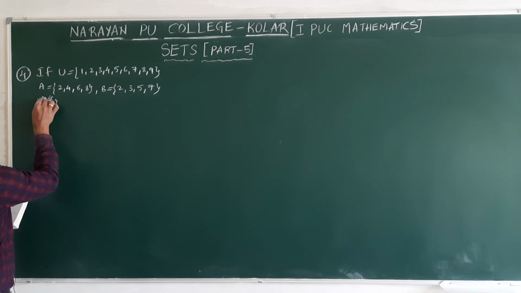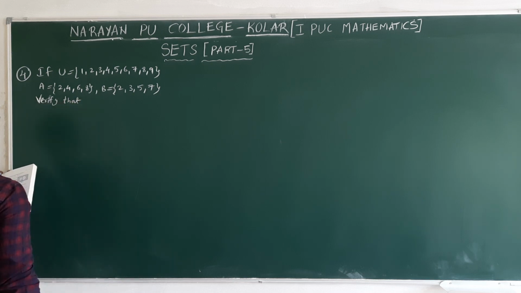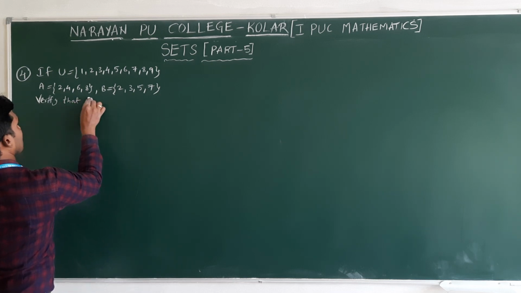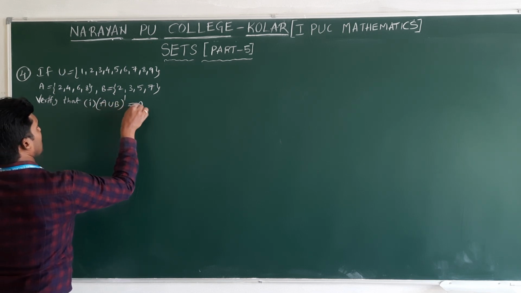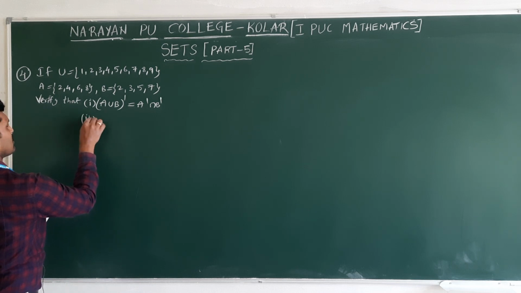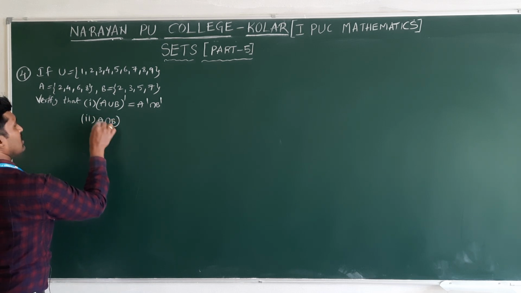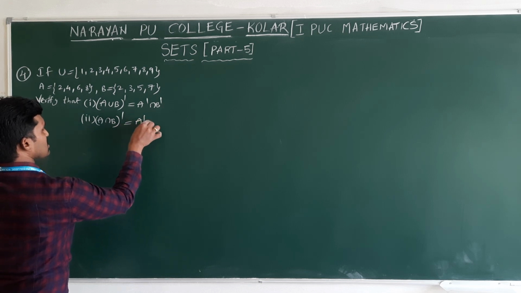Verify that, first question: A union B whole dash equal to A dash intersection B dash. Second question: A intersection B whole dash equal to A dash union B dash.